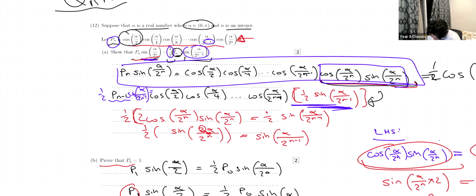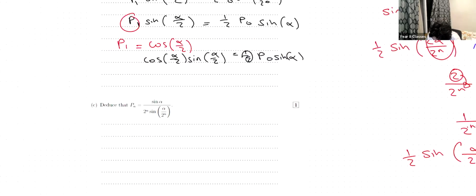So my left-hand side can then become cos alpha on 2 sine alpha on 2 equals a half p0 sine alpha. And then I'm just going to remove the half just because I don't like seeing it. So I'm going to say 2 cos alpha on 2 sine alpha on 2 equals p0 sine alpha.